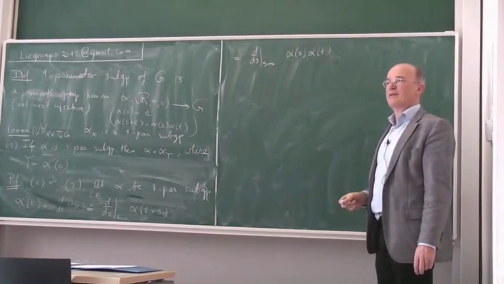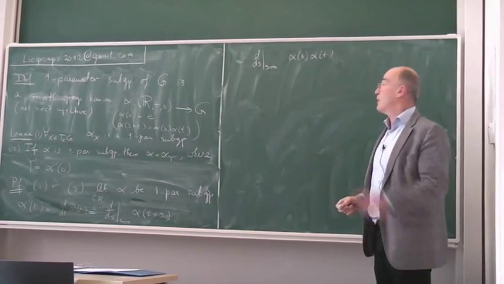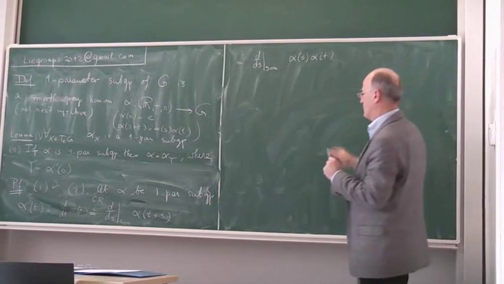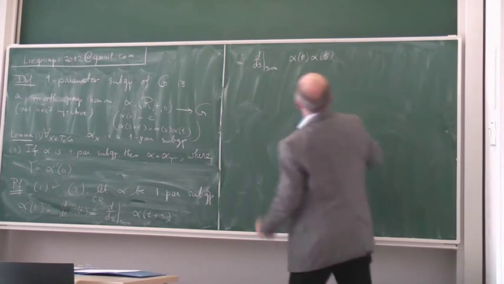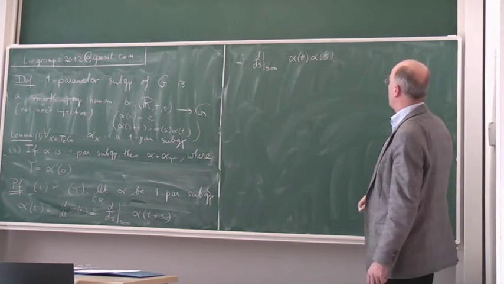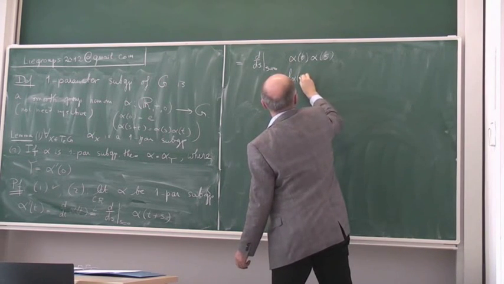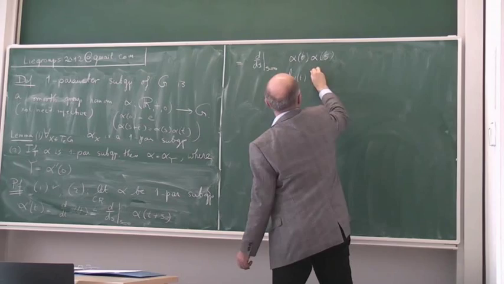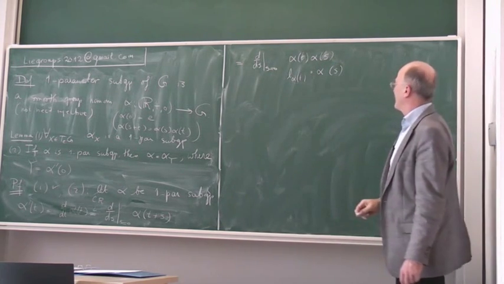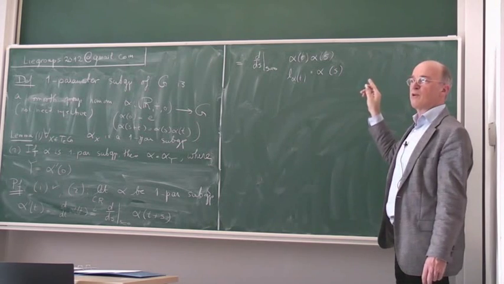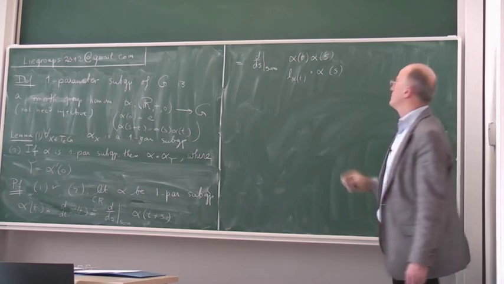Now alpha s times alpha t can be viewed as a map applied to alpha s. I would rather put it like alpha t times alpha s. It's left translation by alpha t applied to alpha of s. So we have the derivative of a composition, and the derivative of a composition is given by the chain rule.